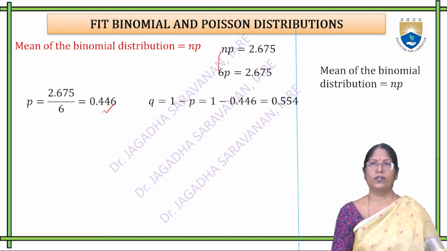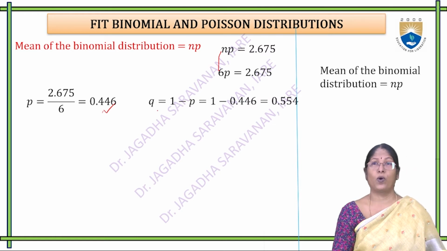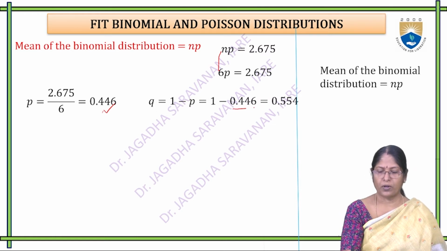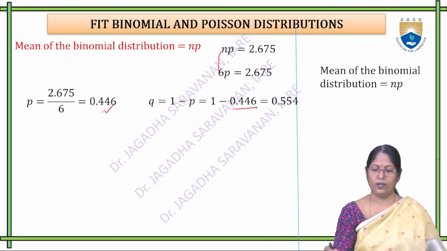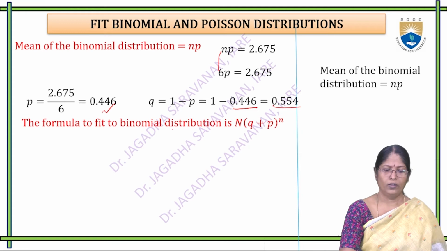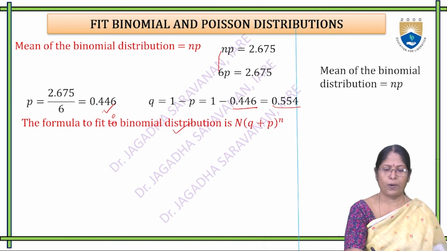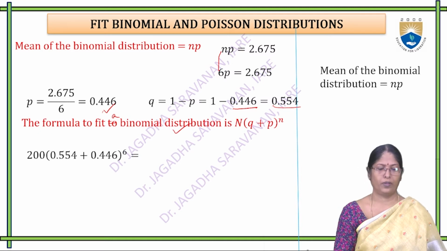P we got, it is very easy, from which we can get Q equal to 1 minus P. So the particular P value is 0.446. We subtracted from 1, and we obtained the Q value 0.554.